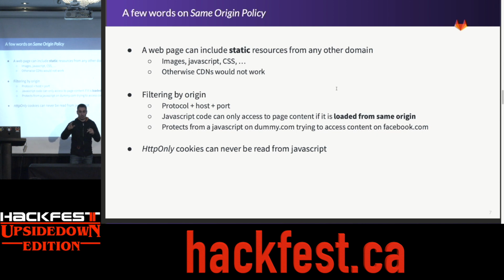But now let's say you are evil.com and you try to read the page of ticketmaster.com, you will not be able to do it, because the browser will say, well, no, sorry, evil.com has not been loaded from ticketmaster.com, so I don't give the permission to read it.